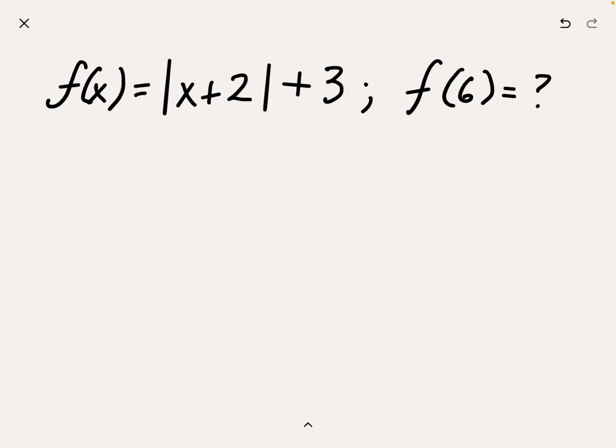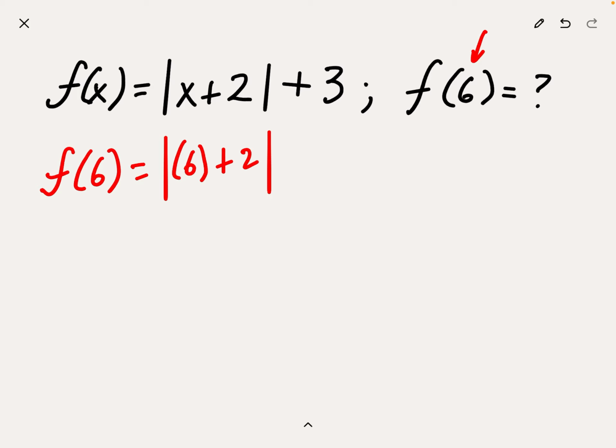So the input is 6, so wherever you see an x, you're going to replace it with 6, everywhere. Another good thing to do when you're replacing the x is to put the input in parentheses, and I'll explain why a little later.